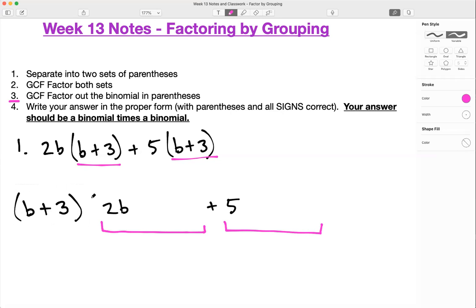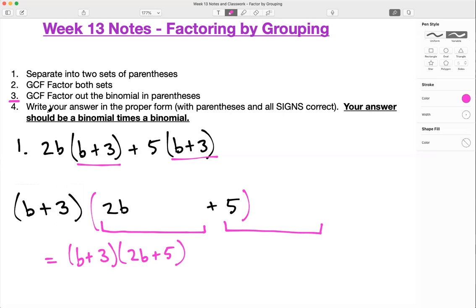Now, all we have to do is leave this as one binomial right here, and our answer then is just going to be b plus 3 times 2b plus 5.